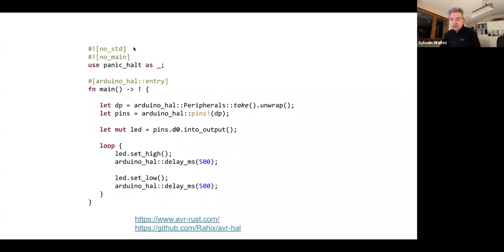The no std, we'll dive a bit more into that later. That means we do not have a standard library. We don't have any file system. We don't have any network stack. We don't even have a memory allocator. So that means we get rid of all of that and only use bare minimal Rust. We'll get back to that in a minute.